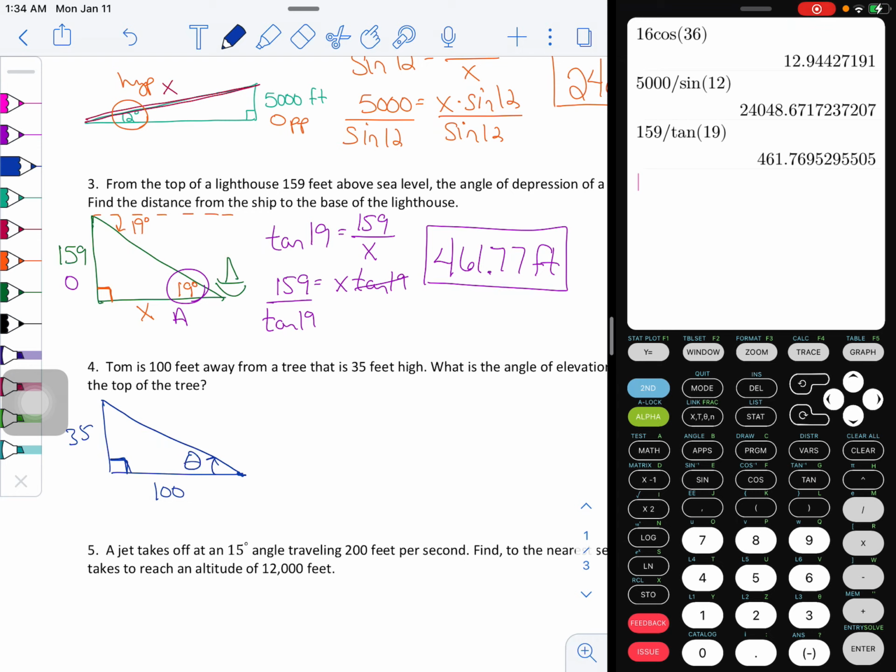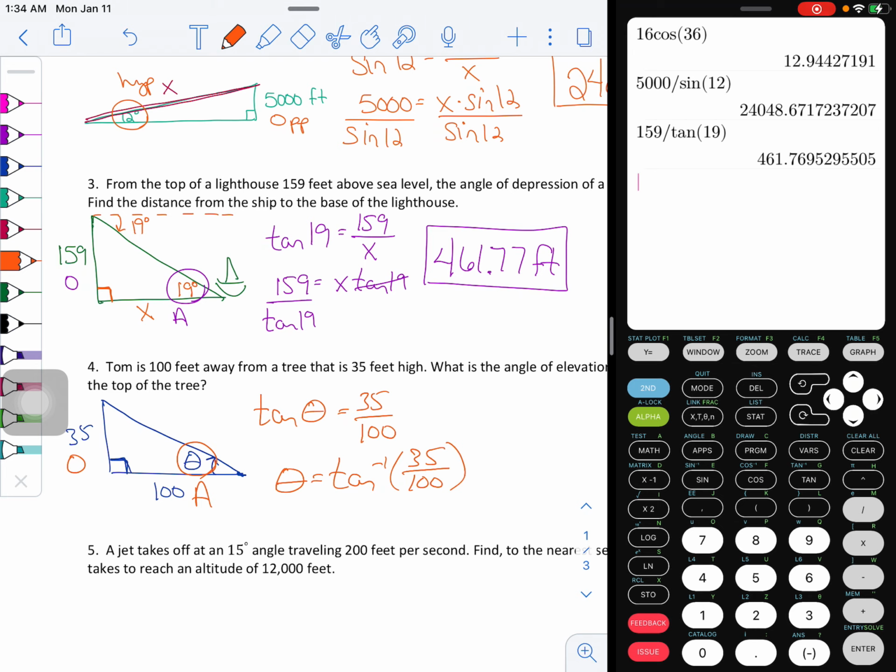So tree is going to be measured vertically. So that's a right angle. Let's go ahead and call that theta. So we have this handy dandy reference angle. We've got opposite, we've got adjacent. So the tangent of theta is equal to opposite over adjacent, which means theta is equal to the inverse tangent.